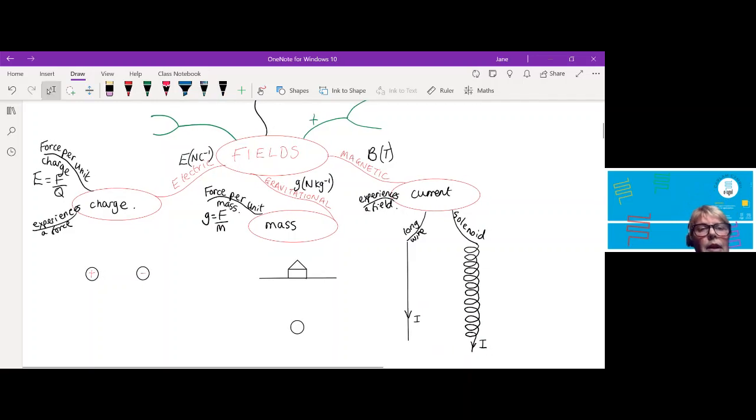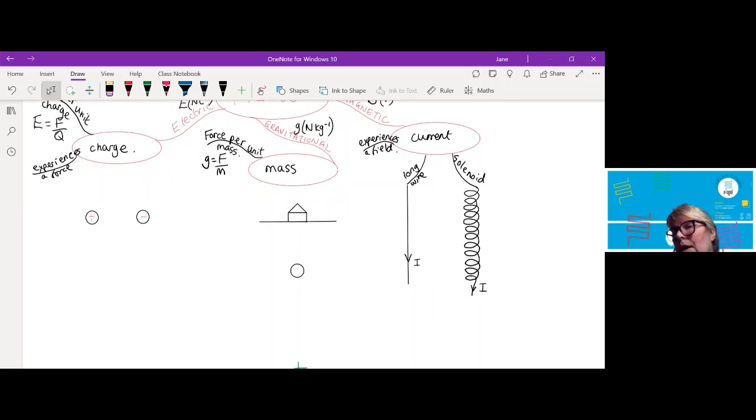So let's have a look at two charges. We have to pretend that we are putting a tiny little test charge in the field of a charged particle. So this is our source charge here, which is creating the electric field around it. If I put a positive charge anywhere near it, it would want to repel.